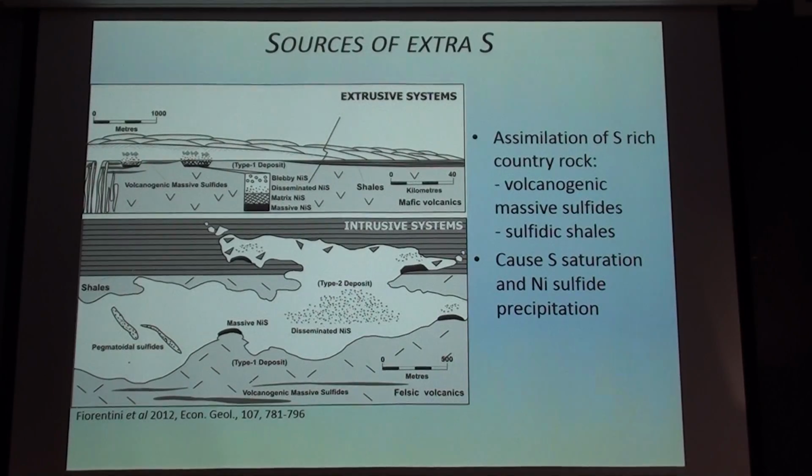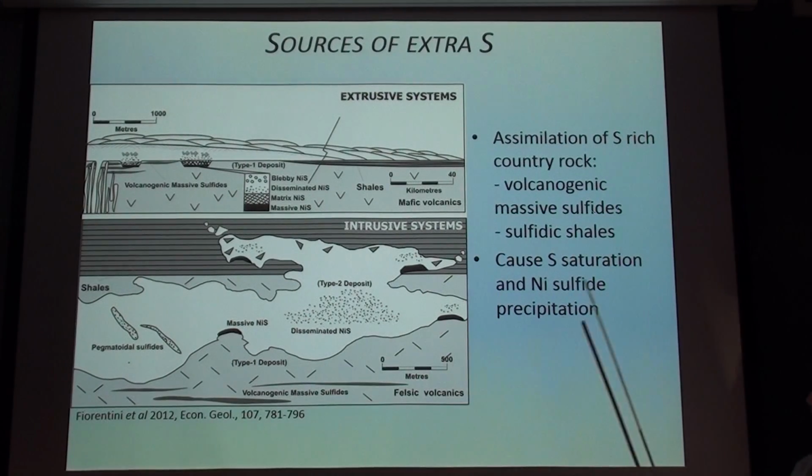So sources of extra sulfur, as I said, you could have sulfur-rich deposits, like sulfidic shales, or volcanogenic massive sulfides, VHMS or VMS, which we'll be looking at in lecture 4, I think.